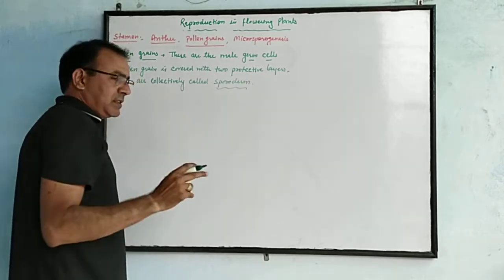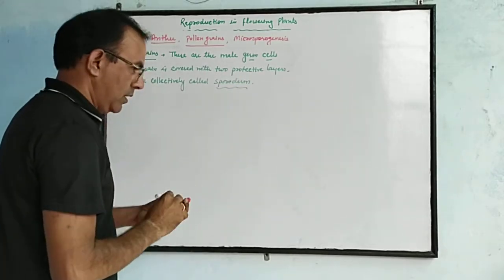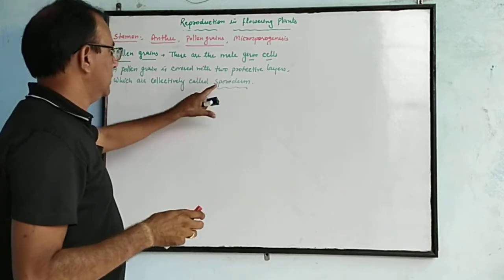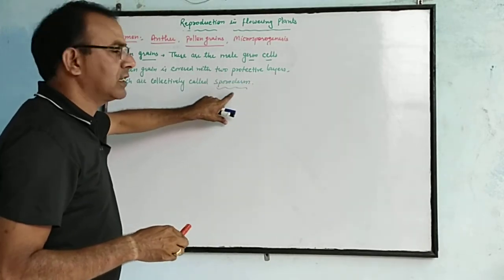The sporoderm consists of two layers. Both the protective layers collectively are called sporoderm.